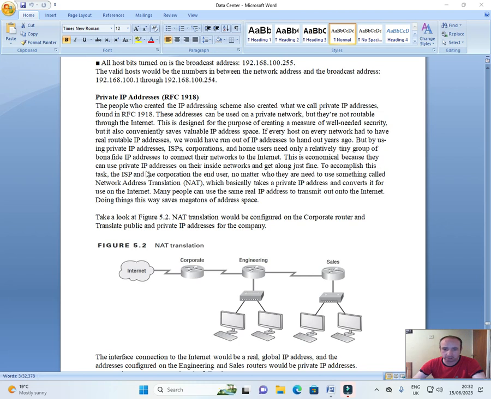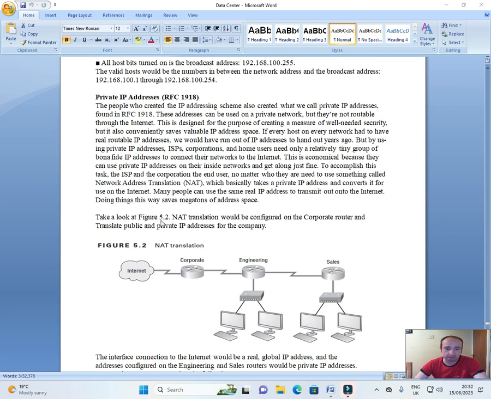To accomplish this, the ISP, the corporation, the end user, no matter who they are, need to use something called network address translation, NAT, which basically takes a private IP address and converts it for use on the internet. Many people can use the same real IP address to transmit out onto the internet. Doing things this way saves megatons of address space.